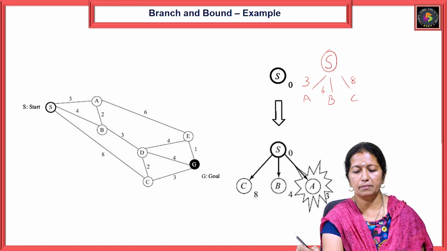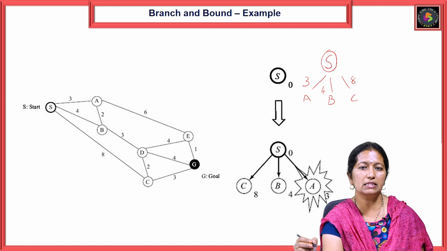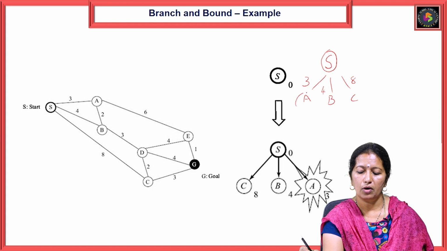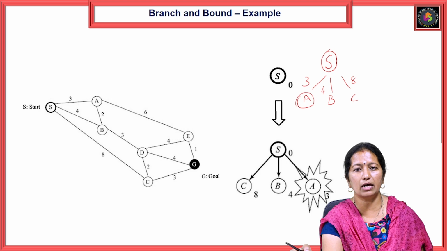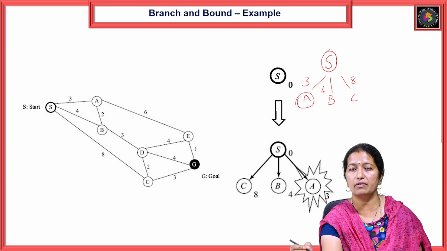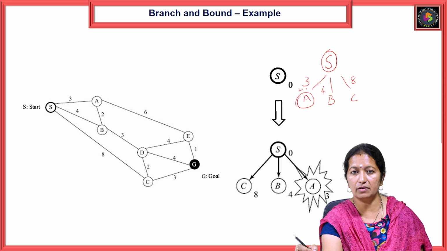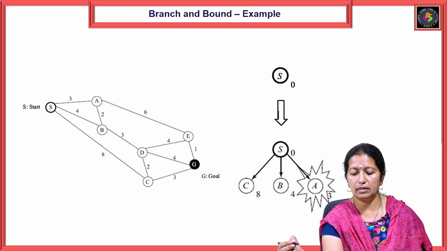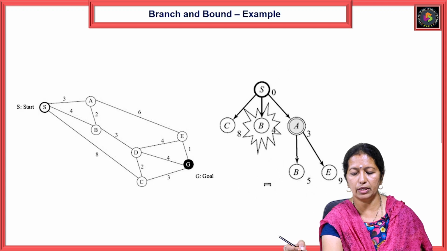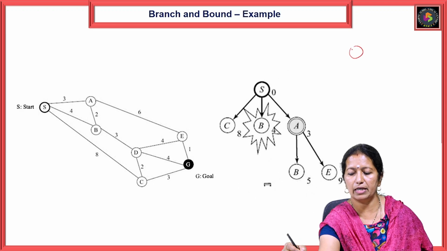Coming to A, B, C, this A value, whatever has been given, is the lesser value. So, I have to opt for this. This is what I want to explore at the next level. Every time you are exploring, please do remember you are clear about which one you are exploring. Now, I have taken the A node as it is showing the lesser possible path.